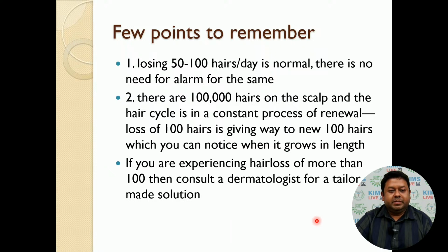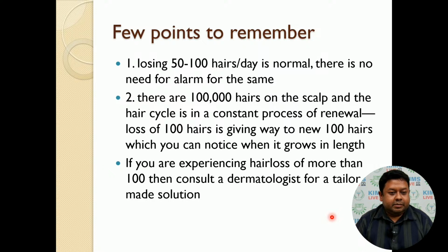So few points to remember are losing 50 to 100 hairs per day is normal. There is no need for alarm for the same. There are 100,000 hairs on the scalp at any given point, and that is always in a constant renewal process.